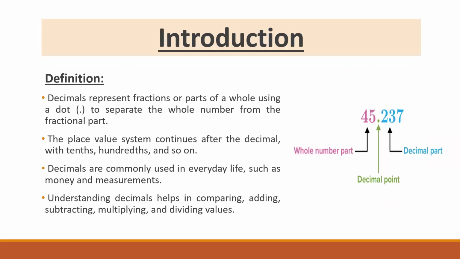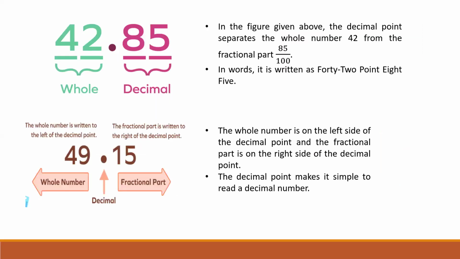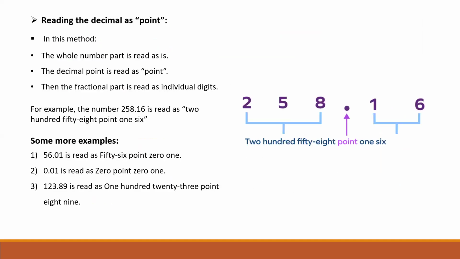Then we went through the introduction of decimals, where we saw the definition of a decimal and how a decimal number is represented. It is a combination of three parts: a whole part, a decimal point, and a decimal part. There were a few examples for understanding how you can read and write in words the given decimal number.